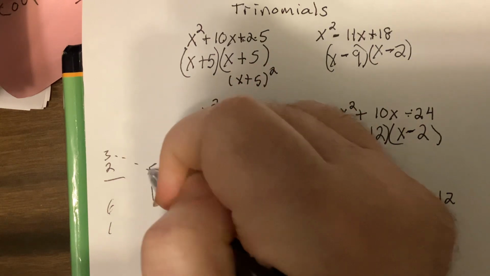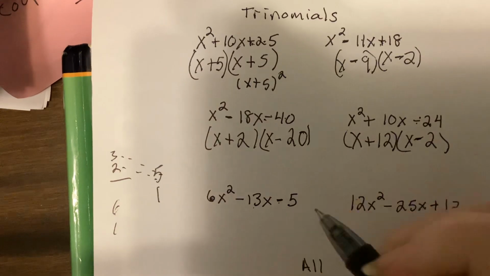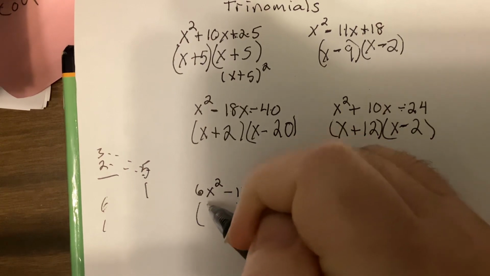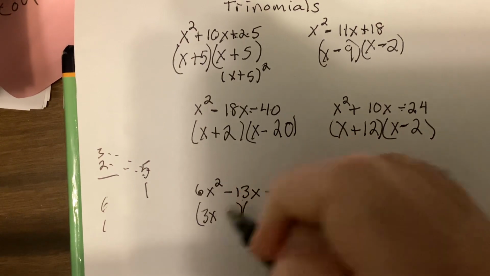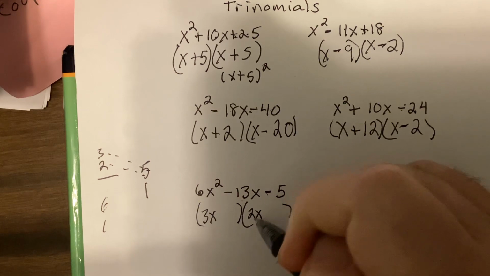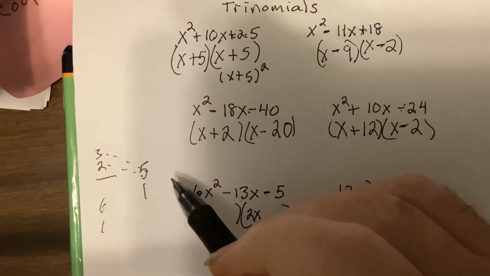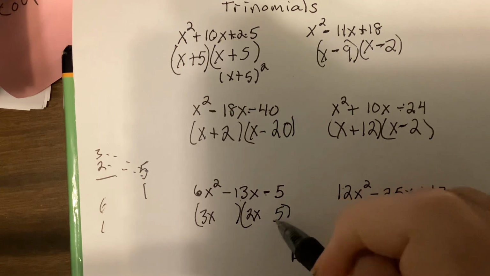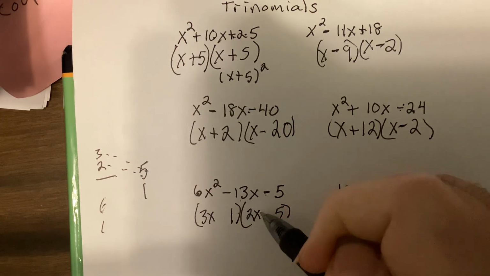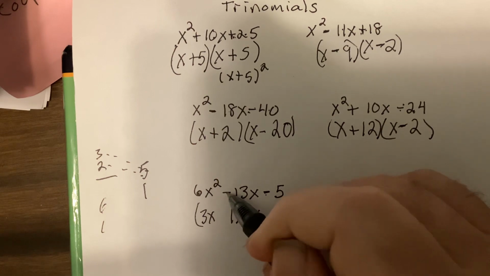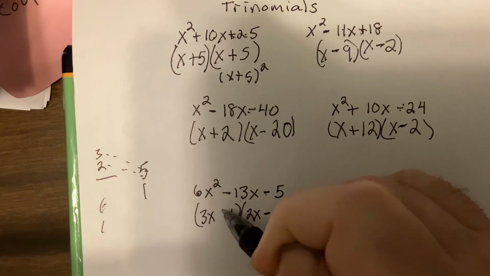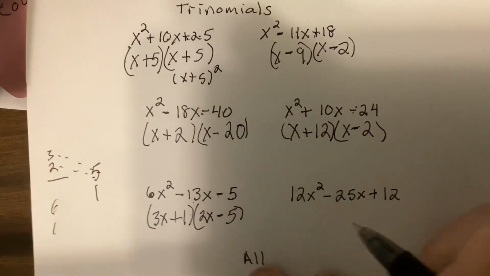How about 3 and 5, 2 and 1? So the 3 and the 2 are part of the first term, so it goes in front of the x's. I want the 5 with the 3, and the way you FOIL, it's outer and inner. And I want the largest combination to have this sign, which in this case is 5 and 3.